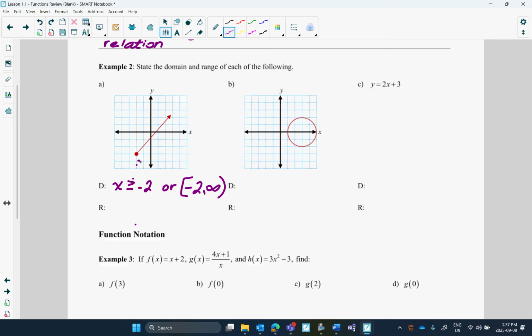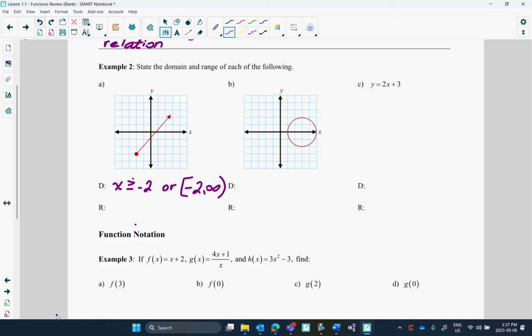Well, this thing goes on up forever and to the right forever. So that means it goes on forever. And what symbol do we use for forever? Infinity. If it goes to the right forever. If it goes to the left forever, it's negative.